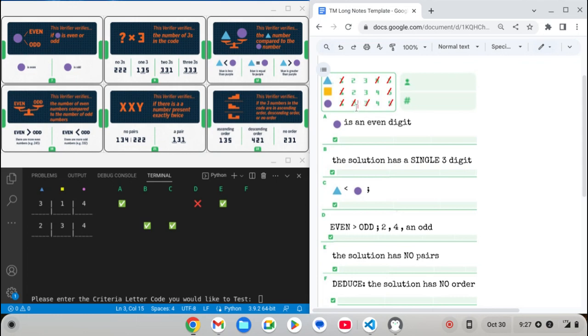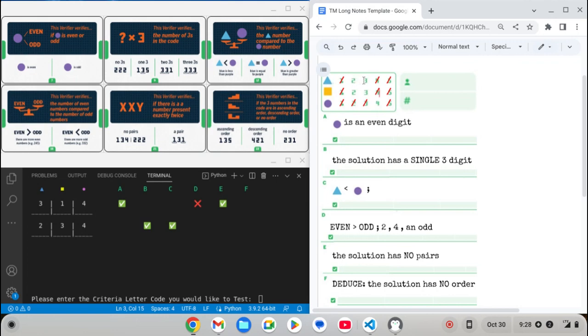Okay. So that means that circle is a 4, which means that square cannot be a 4 because we can't have duplicates. And because technically there should be no order, that would mean that, of course, 2, 3, 4 is invalid. Again, that was a mistake on my part.